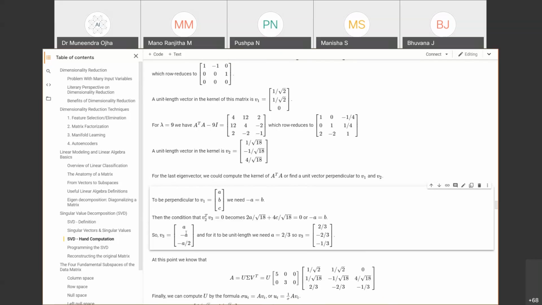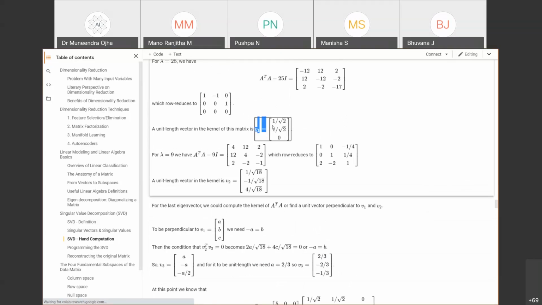So this solves V3, and to get the value of a, we can get the perpendicular with 1 by root 2 as well, such that for it to be unit length, we need a equal to 2 by 3. Okay. So if we substitute a in here, we get V3 as 2 by 3, minus 2 by 3, and 1 by 3. So we have obtained three eigenvectors.